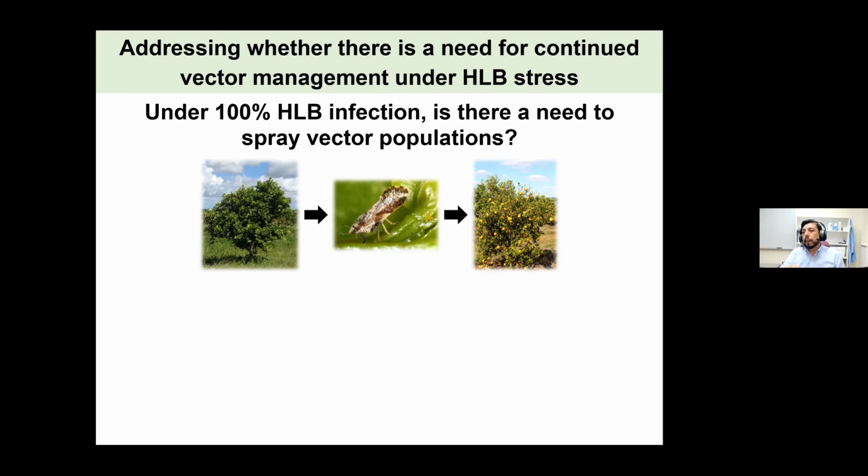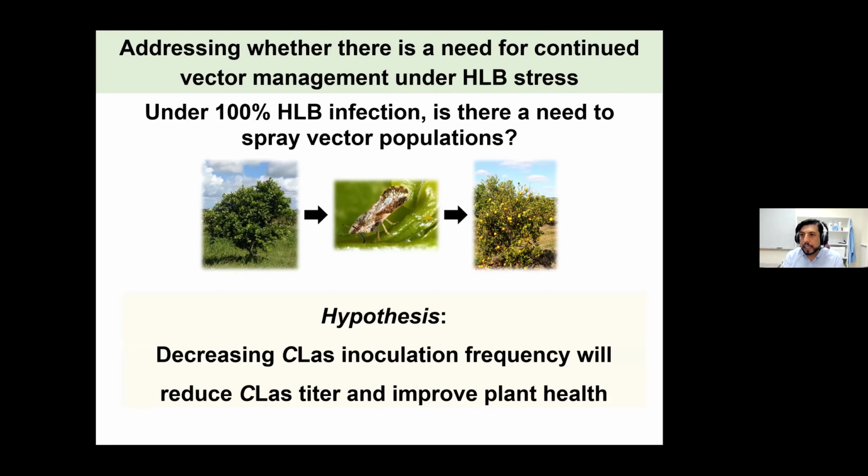The other one was superinfestation, in which the tree is exposed to a higher number of insects, and are they going to develop symptoms similar to HLB? That was the question. The hypothesis that I'm going to touch on today is that decreasing Psilas inoculation frequency will reduce the Psilas titer and improve plant health.